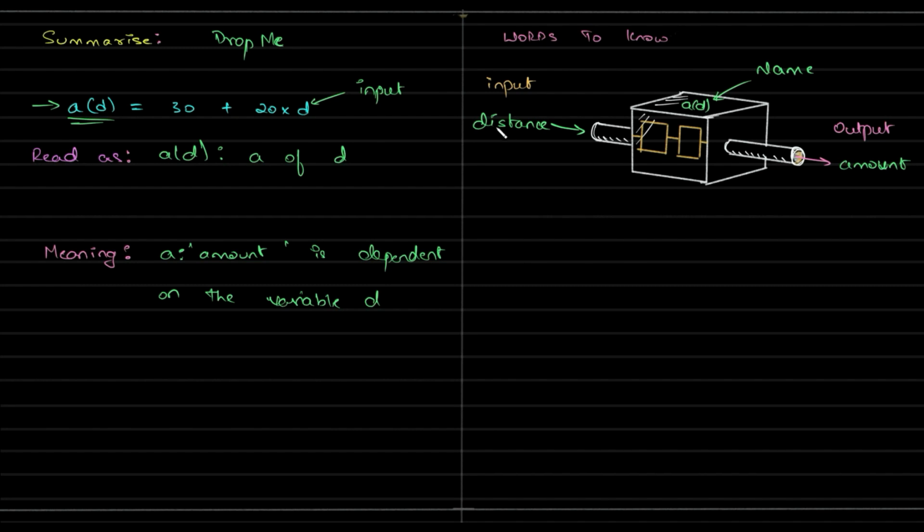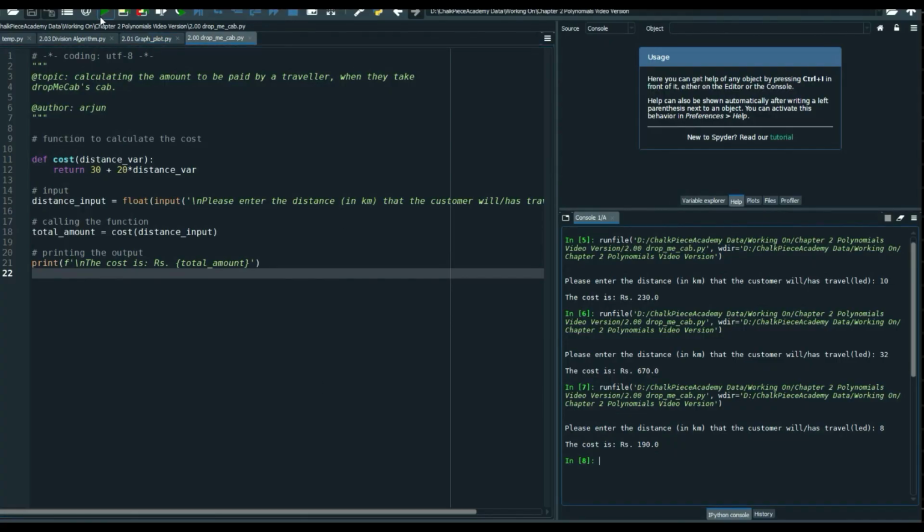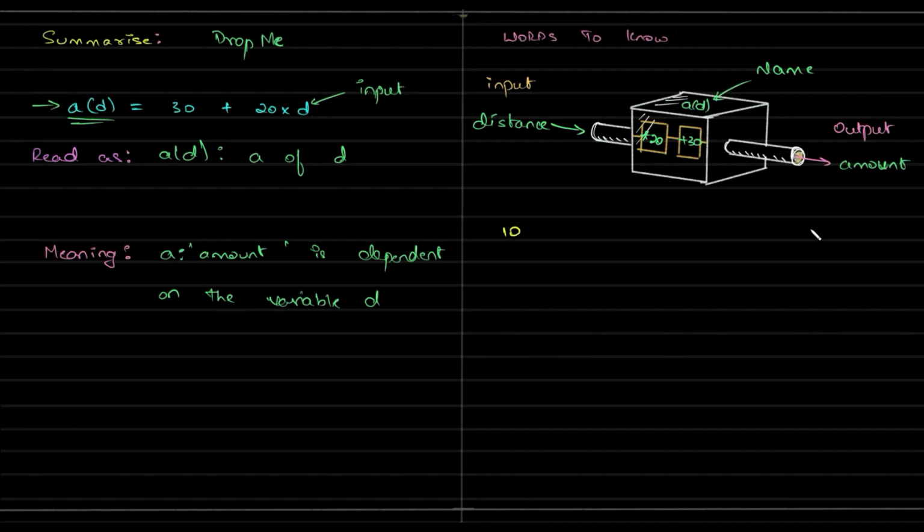Now, when you feed in any value, it's going to multiply that value with 20 and add 30 to it, and it will give us the output. So say we feed a value of 10. We already saw this. If you feed a value of 10, we get an output of 230.